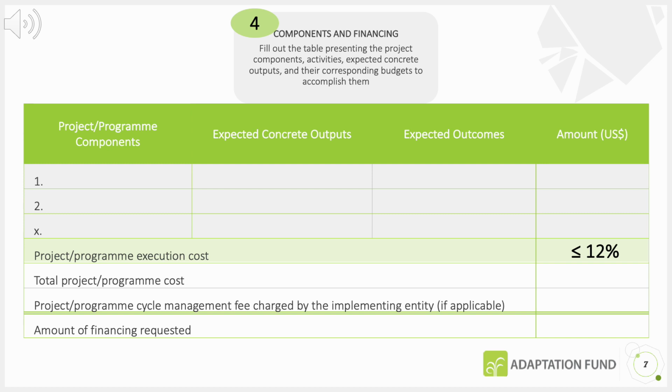In the case of an implementing entity acting as an executing entity for a project, execution costs are capped at 1.5%. The project cycle management fees, the implementing entity fee, should not be more than 10% of the total budget requested.